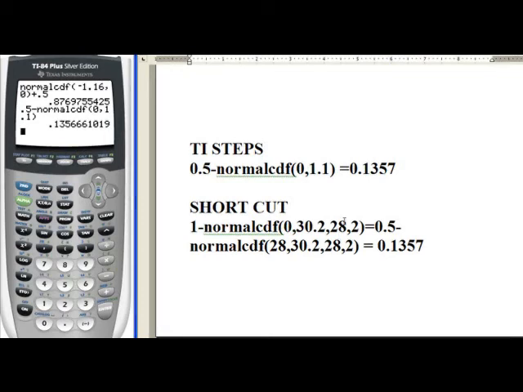Then you can enter the mu here and the standard deviation. Then your calculator, this is even a shorter cut than this first step, will calculate that probability directly.